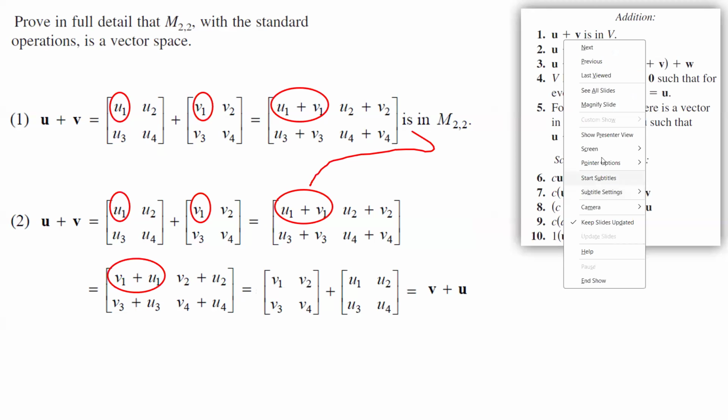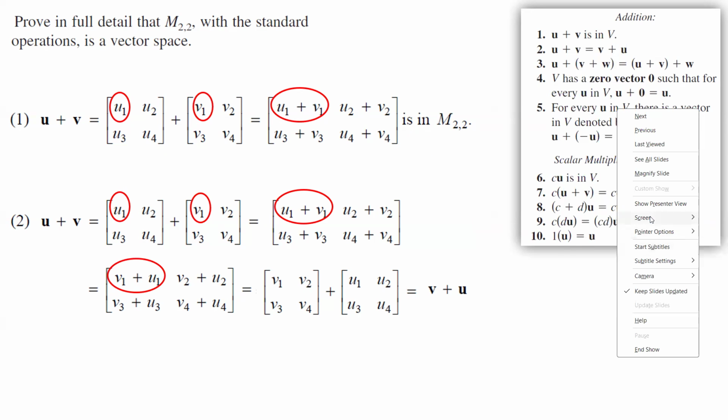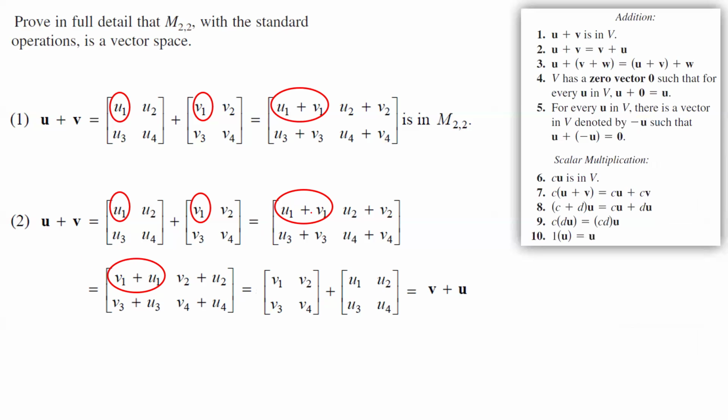It's just addition between two entries, two elements. All right. So now you're adding two numbers together. Basic algebra. U1 plus V1 can be written as V1 plus U1. U2 plus V2 can be written as V2 plus U2, and so on. So you're basically saying that I'm taking the second matrix and adding it to the first matrix, so I can easily switch the order. So far, the first condition is met. The second condition is also met here.